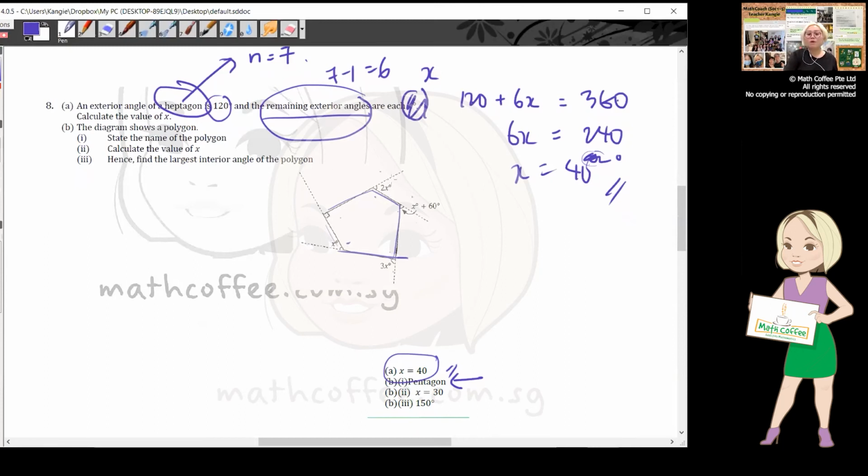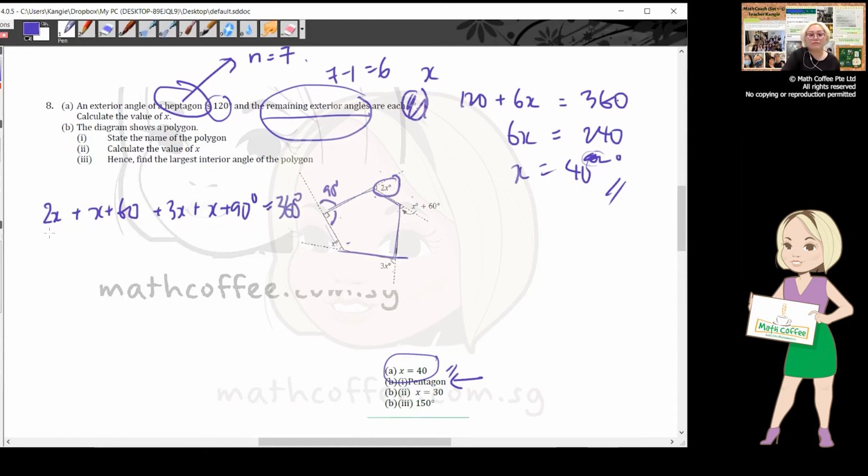So I will say 2x. You have to form an equation. 2x plus x plus 60 plus 3x plus x. This one is interior 90, so of course the exterior is also 90. Plus 90 will give me 360 degrees. Check: just now this is a pentagon, right?